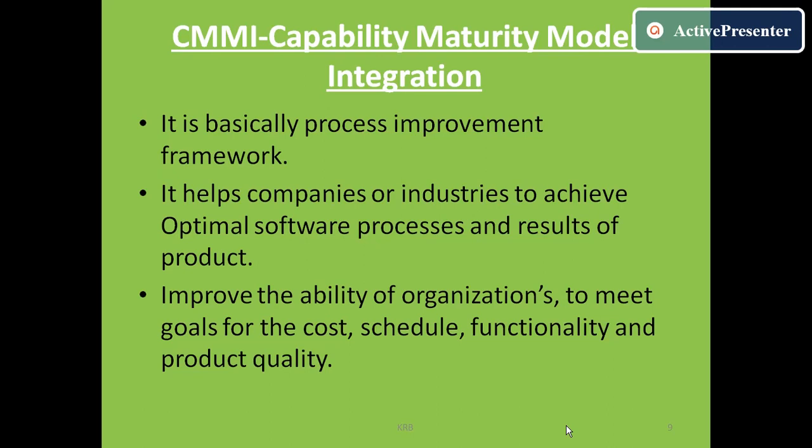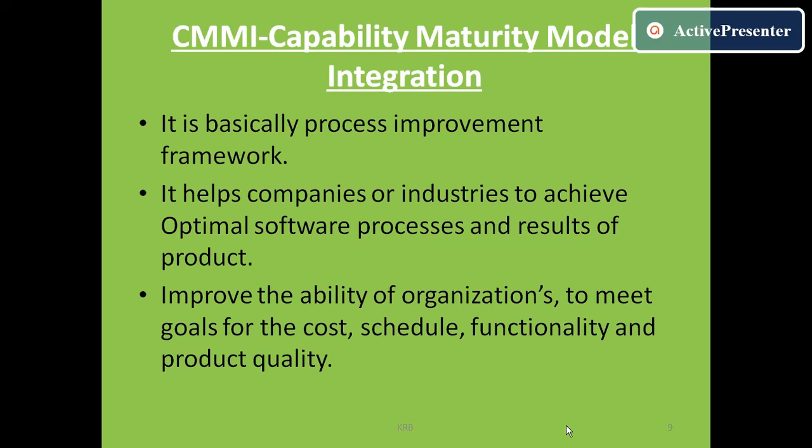So, this CMMI model helps to improve the startup company step by step to help it achieve the highest position in the upcoming years. That is, to take the startup company towards a fully developed organization. So CMMI model helps in doing so.